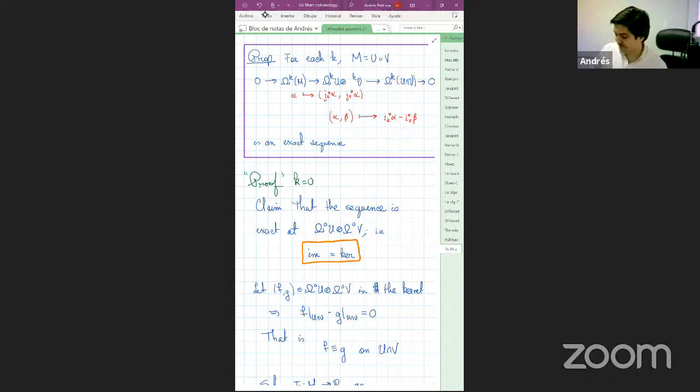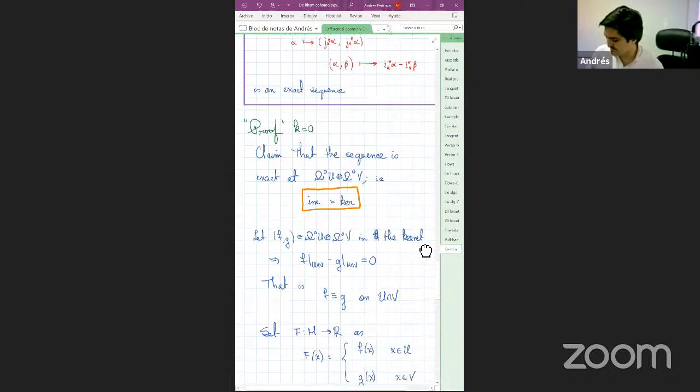The other inclusion is the one that requires more work.